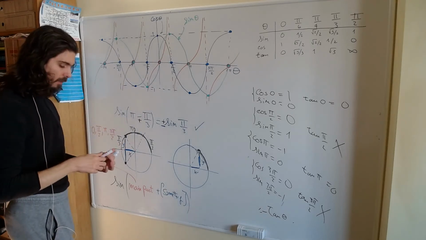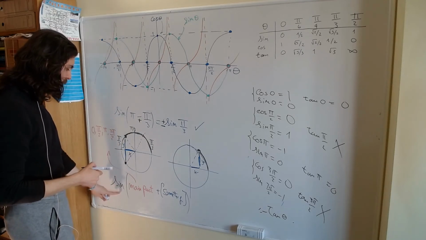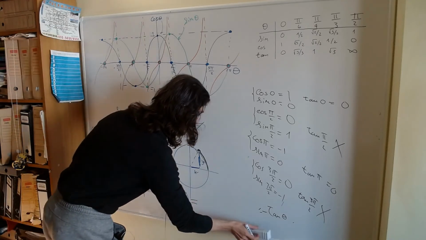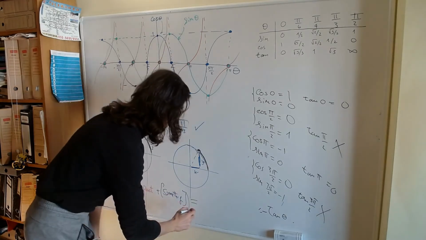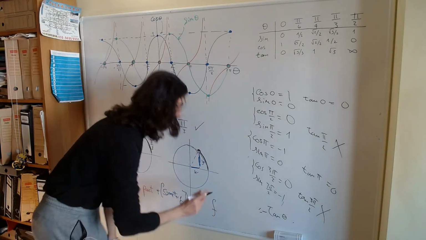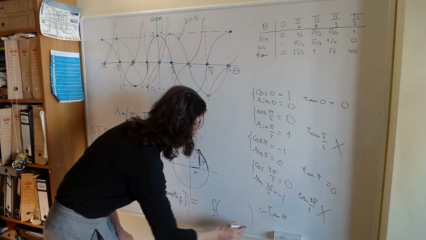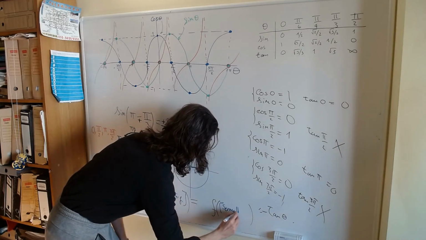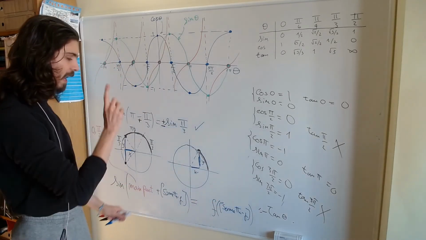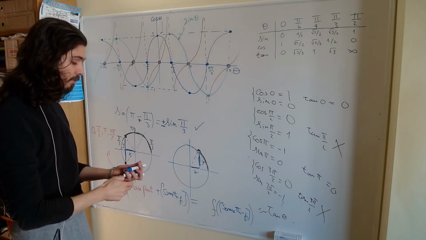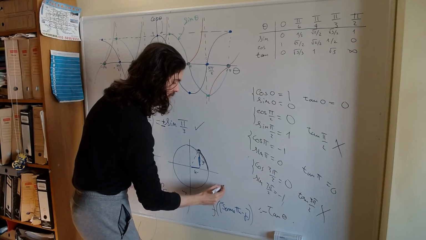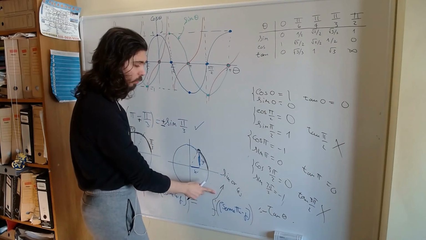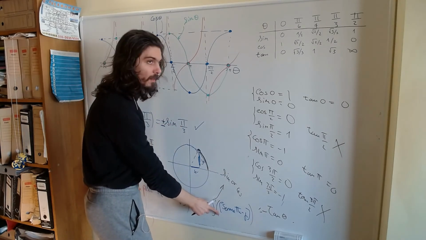Now I claim that if you have the sine of an angle written in this form, then this is the same thing as this. This is the key part. So let's see. It is the same as f evaluated at the something. f could either be the sine or cosine, or in other words, the x or y coordinates of the point at the tip of something.